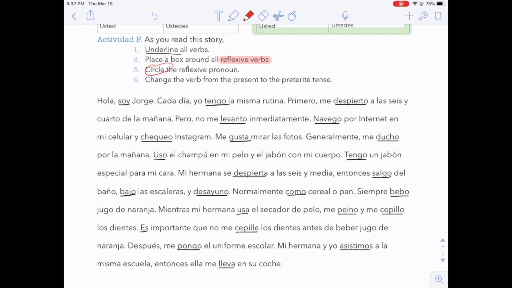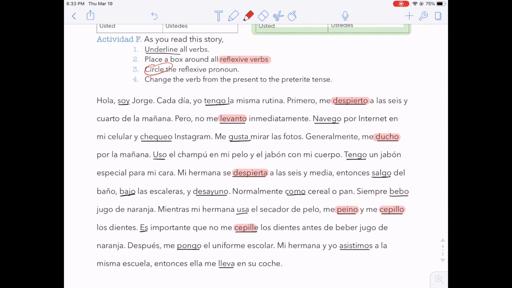Now we can easily identify the reflexive verbs because they have a reflexive pronoun right before. So reflexive verbs are despierto, levanto, despierto, meaning wake up; levanto, I get up; ducho, I shower; despierta, wakes up; peino, I comb; cepillo, I brush; cepille, this is a tricky one.